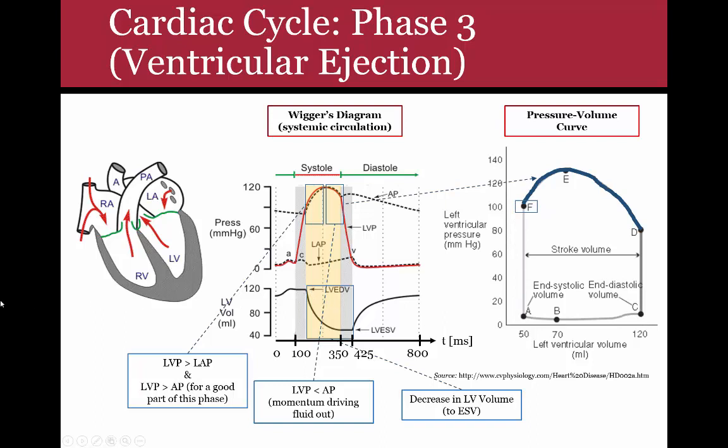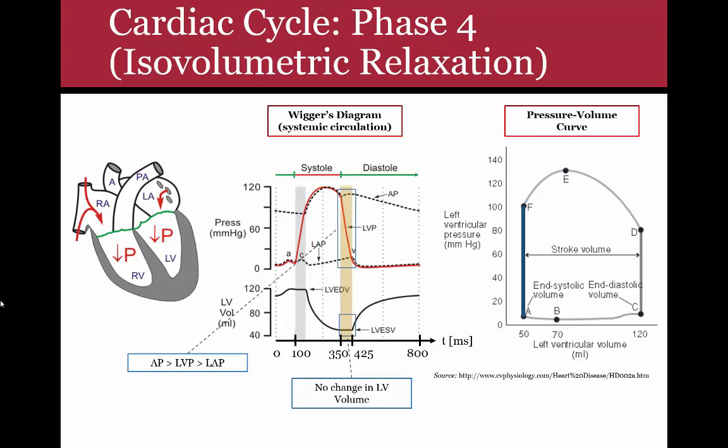Okay, so that's ejection. And then what you'd have next is isovolumetric relaxation. So that means that now your muscles are relaxing, so you're going to want to eventually fill. This is the early portion of diastole, and essentially what you have is the pressure is decreasing in the ventricle.